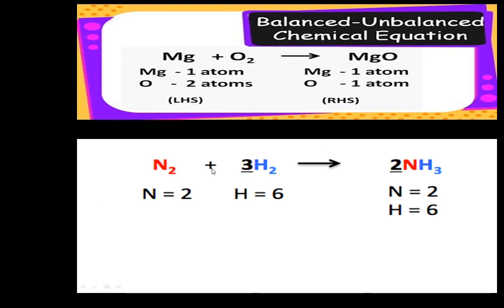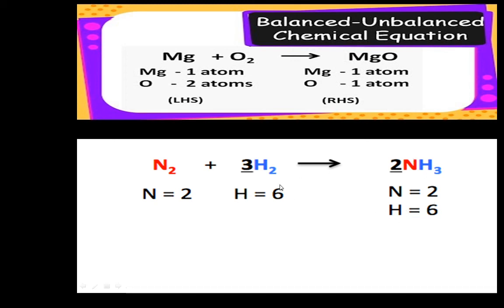N2 plus H2 gives NH3, before balancing. Now balance the reaction. Previously N1 and then H3.